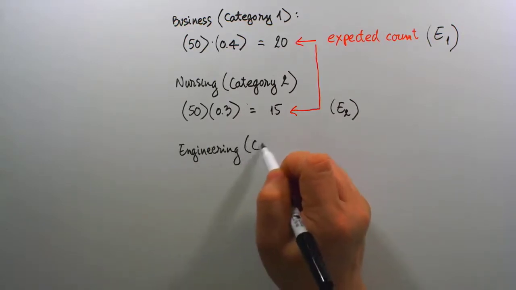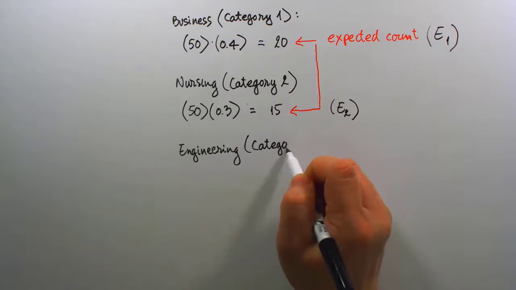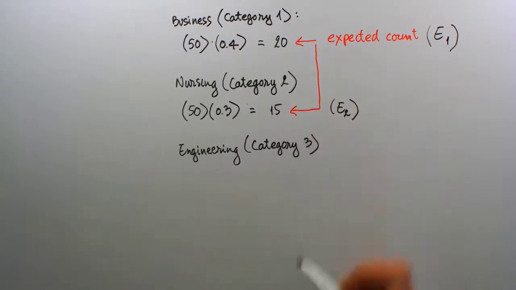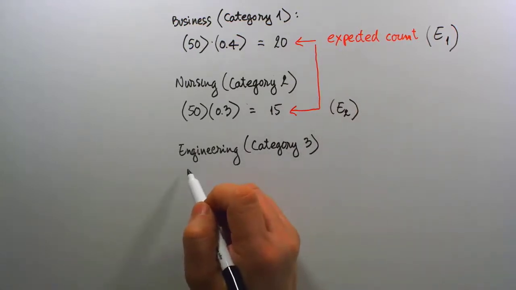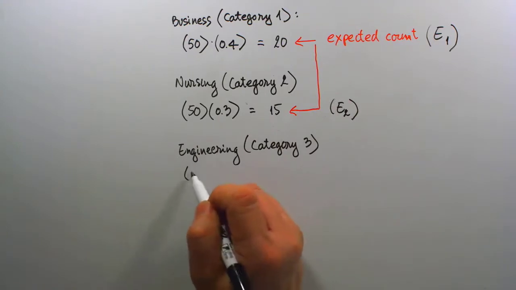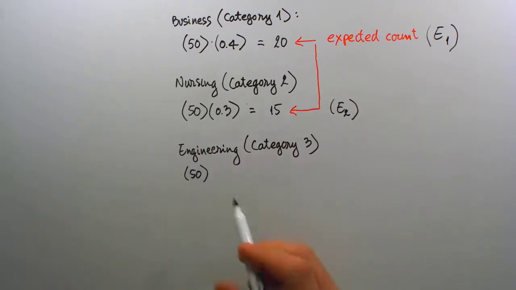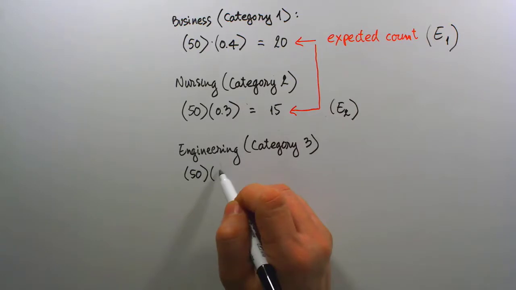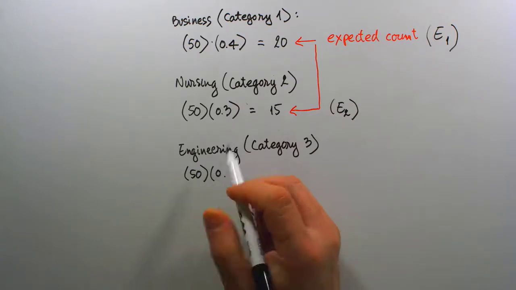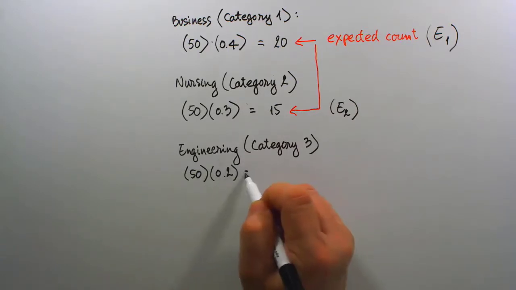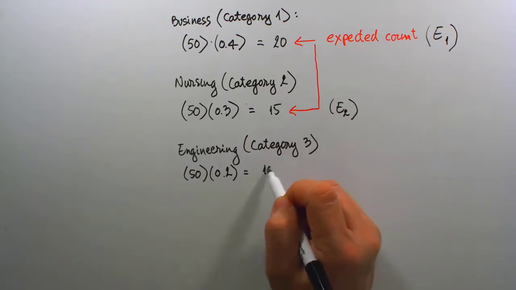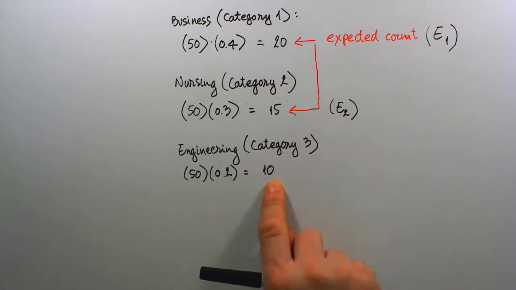we can refer to this as category 3. Back to what I was saying, I expect that in 50 of these students, multiplying that with 0.2, my count must be 10 as expected.